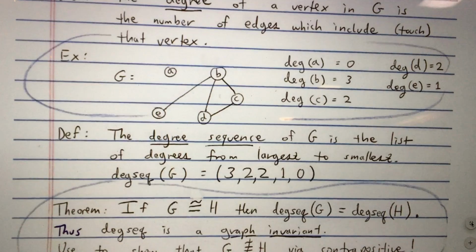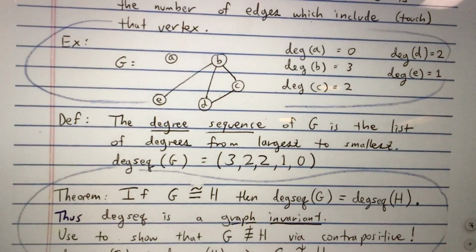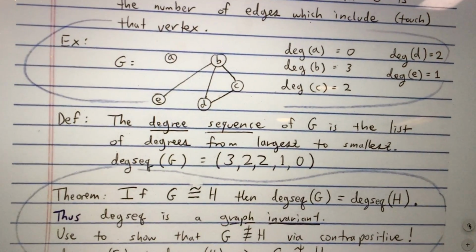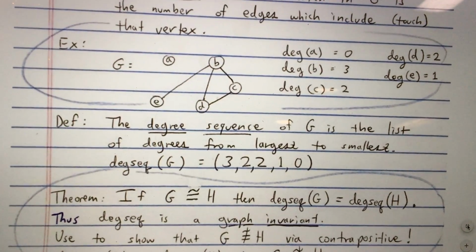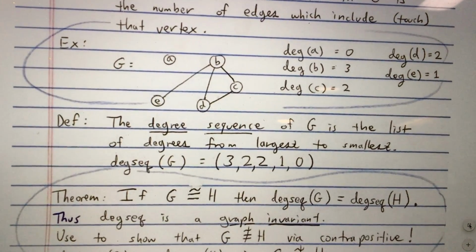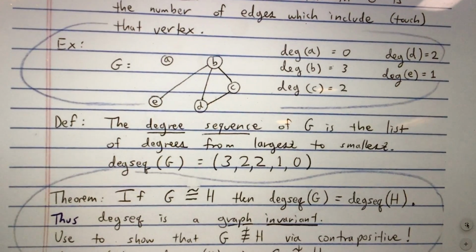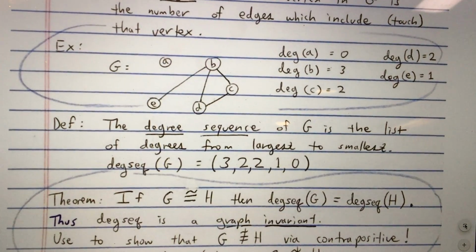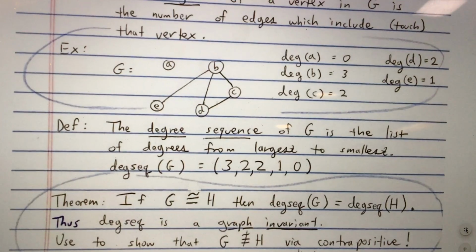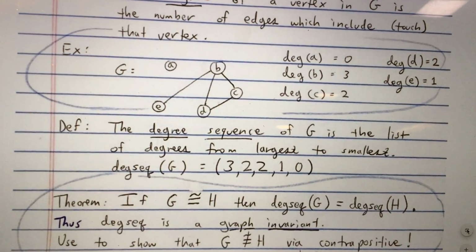And that's what we're going to use for our first invariant. So here's the theorem that is the prototype theorem for invariance. If G is isomorphic to H, then the degree sequence of G equals the degree sequence of H. So degree sequence is a graph invariant.